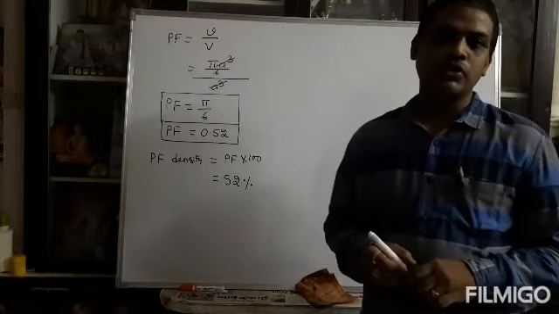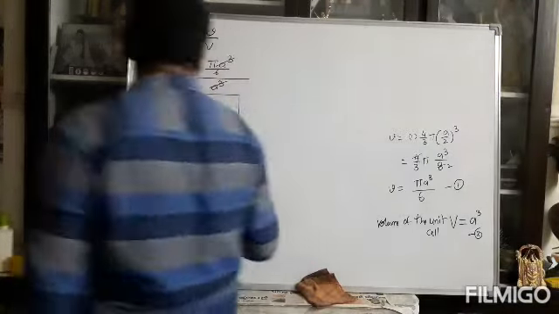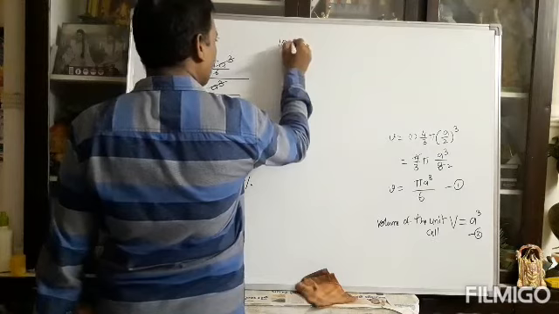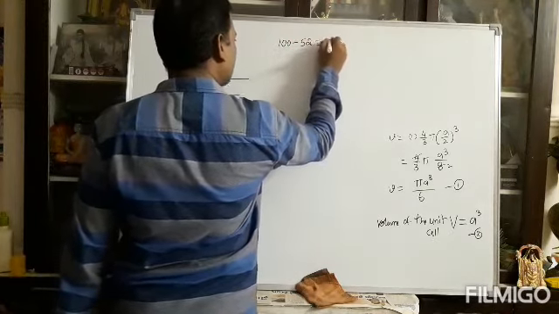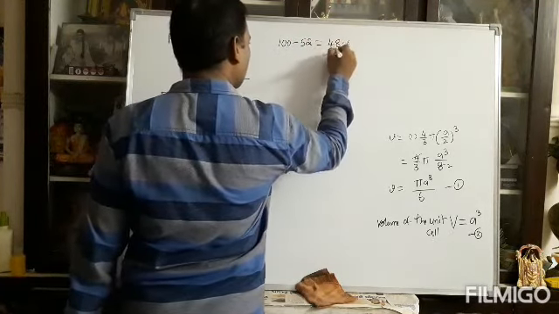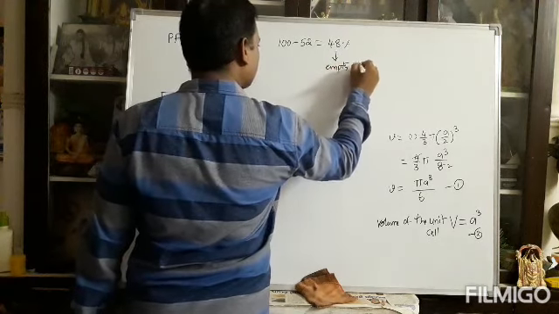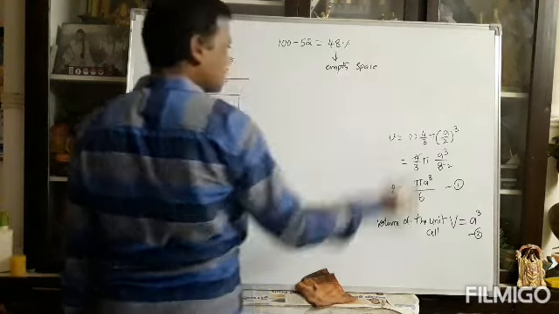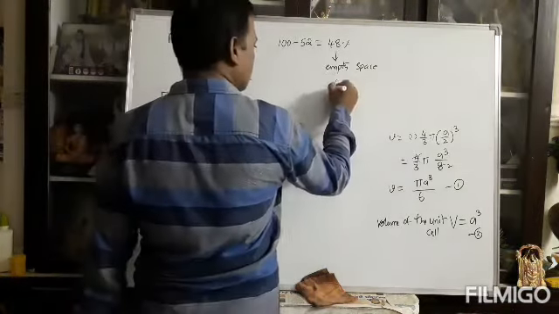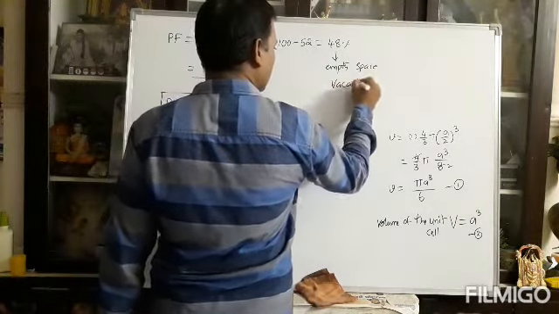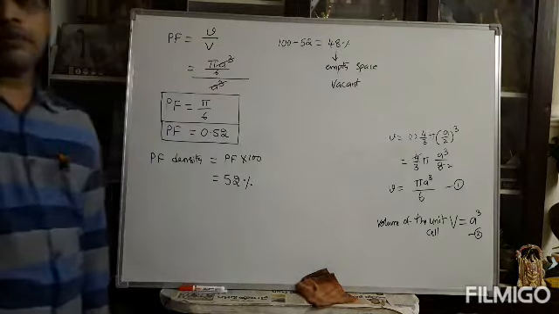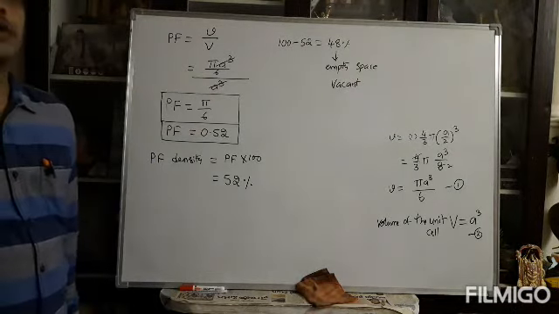What is the remaining portion? The remaining portion is 100 minus 52, which is 48%, which is empty space in the unit cell. Nothing but vacant. So 48% is vacant.